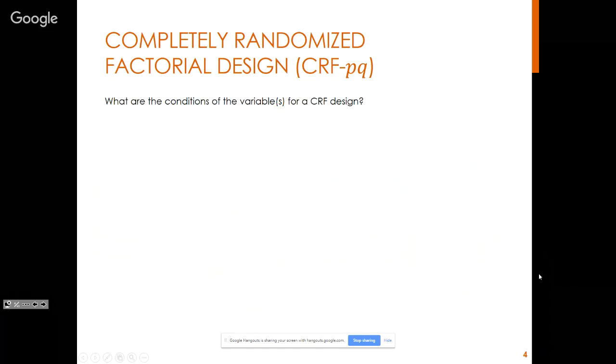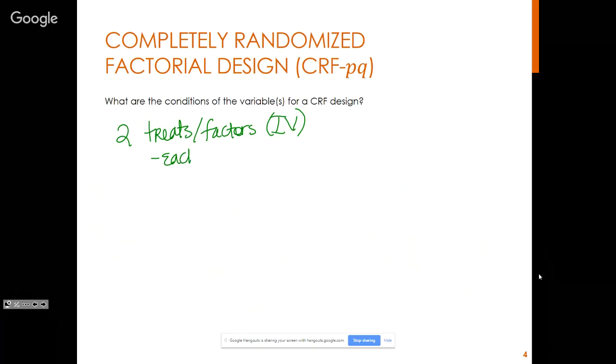So what are the conditions of the variables for a completely randomized factorial? It's used when there are two treatments or factors. Good. So two treatments or factors, with greater than or equal to 2 levels for each treatment.